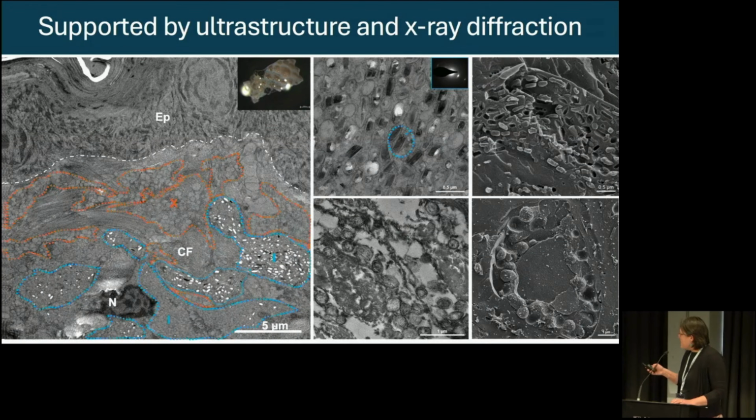Ben's group did some ultrastructural work, so this shows the xanthophores and iridophores, and actually found that the only evidence of any crystalline material was in the iridophores, not in the xanthophores.